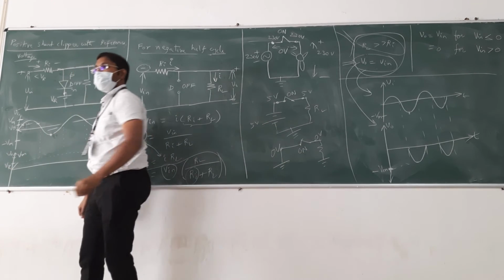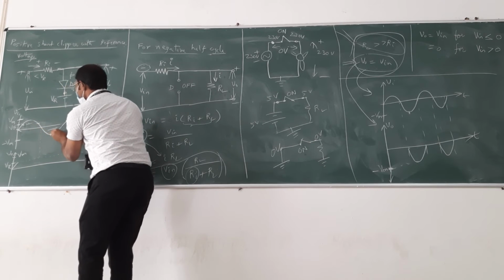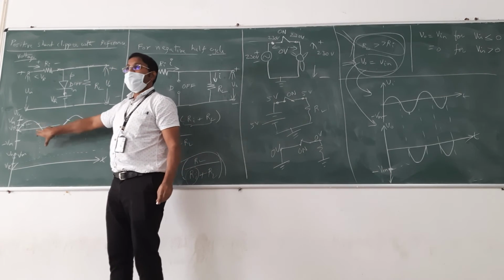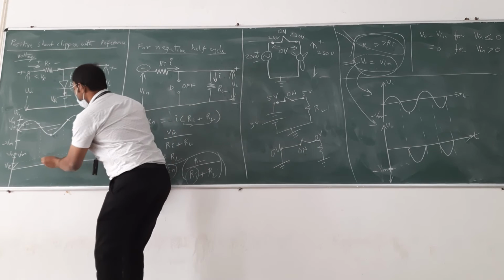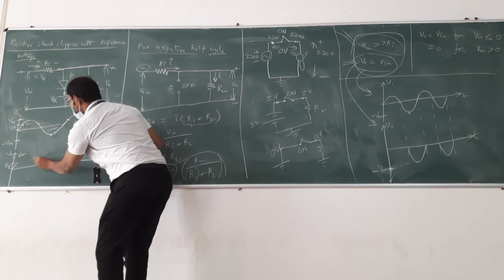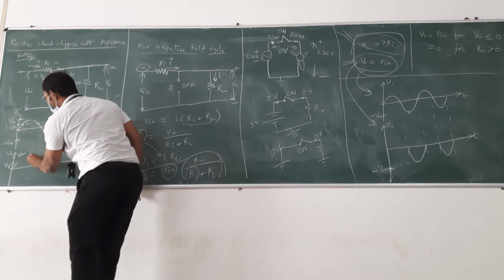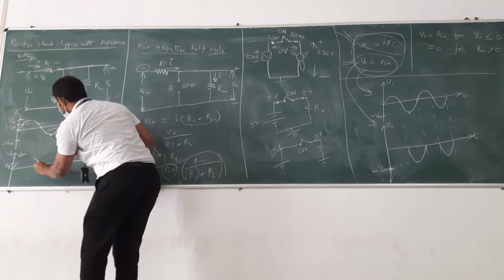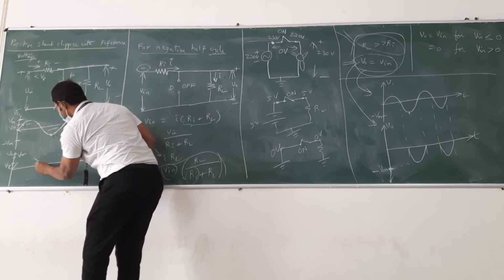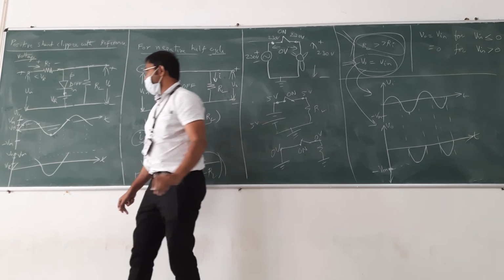So same waveform. Next, see this part. This part also satisfies the same condition. What is the condition? Input voltage is less than VR. So the waveform from here to here will be the same as input. Output will be the same as input, from this point to this point.